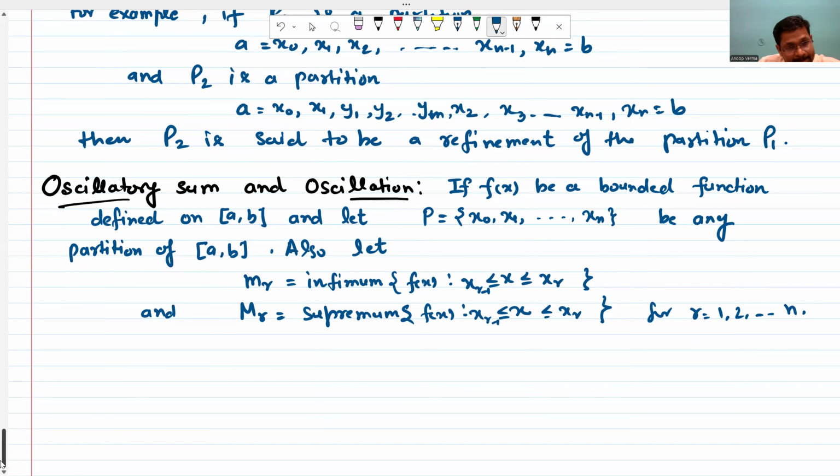So if this is delta r, but here we are just denoting this delta r with this expression. इनको कुछ और लेना चाहिए था, एक्सप्रेशन लेना चाहिए था, बट यहाँ टेक्स्ट बुक में आपके Mr minus small r. It means the length between the supremum and infimum. It means the difference of the supremum and infimum in this interval.